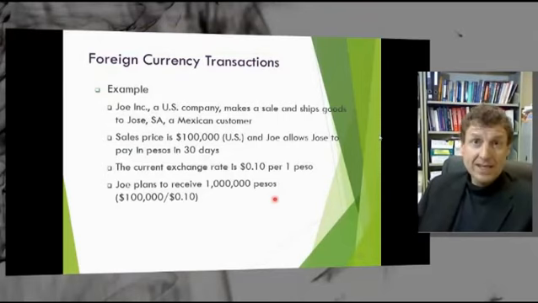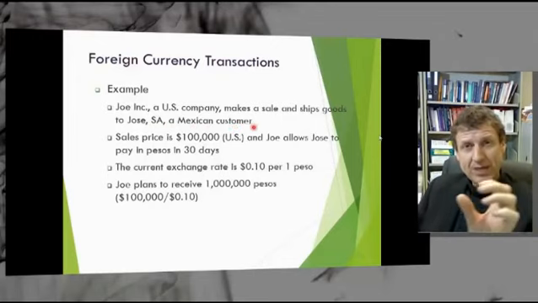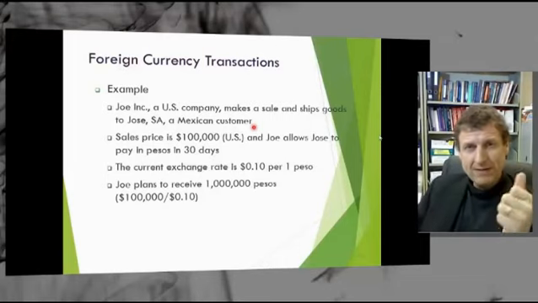So let's have an example, shall we? It's always good to have examples. So we have a basic foreign currency transaction here. Joe Incorporated, a US company, makes a sale and ships goods to Joe's SA, a Mexican customer. So we've got a US company shipping goods to a foreign customer. So they made a sale. Does that affect accounts receivable or accounts payable?